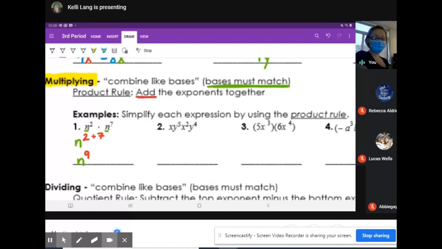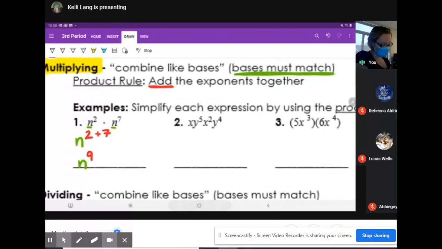Now this next thing I'm about to write up on the board, you do not need to write this down. I'm just showing you for demonstration purposes, but I do want you to look up at the screen and pay attention to this. So n squared times n to the 7th. I could rewrite n squared as n times n. We've already talked about what an exponent is. It's telling you to multiply n together 2 times.